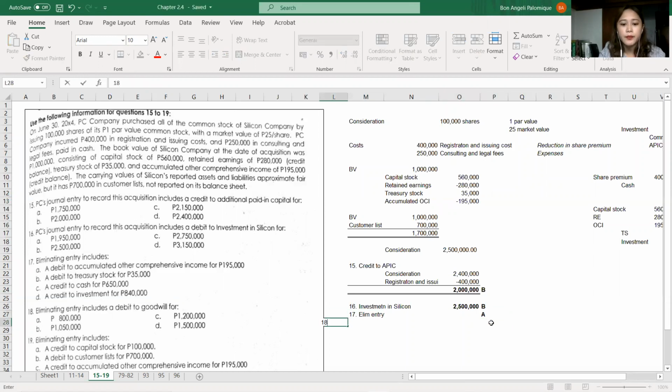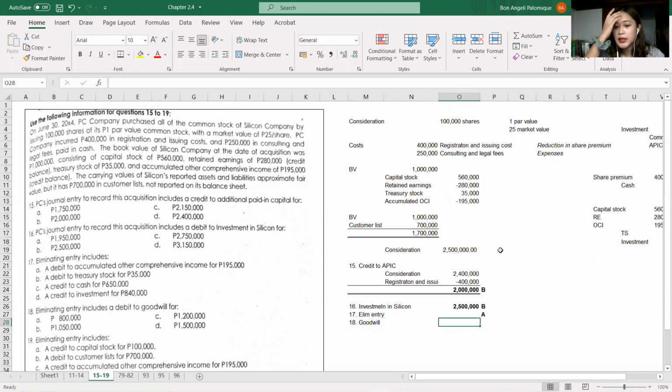Number 18. Sabi, elim entry includes a debit to goodwill. Magkano yung magiging elim entry natin for goodwill? So, titignan natin. Mayroon ba tayong kailangan i-consider? So, sabi dito, consideration. So, hindi pa natin nakukompute so far kung magkano yung goodwill, di ba?